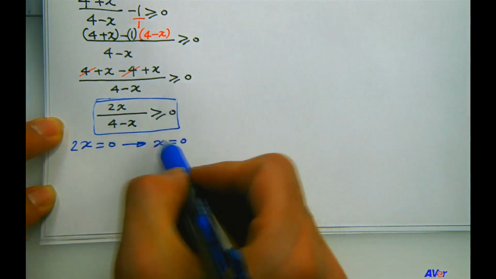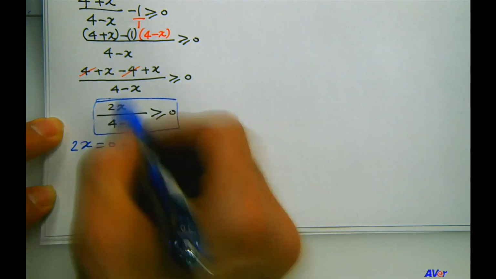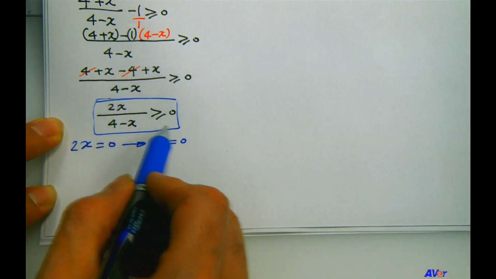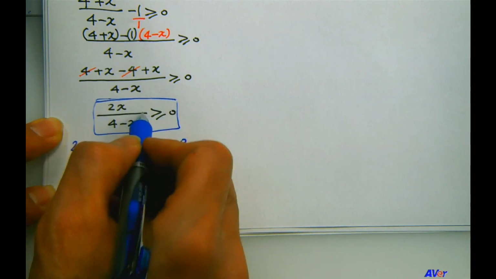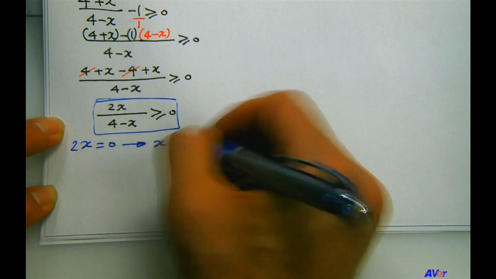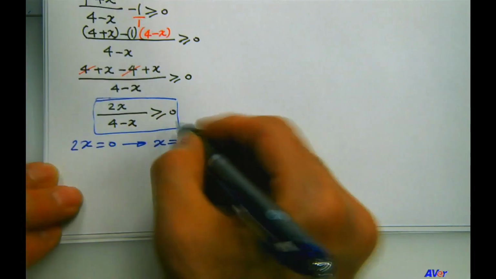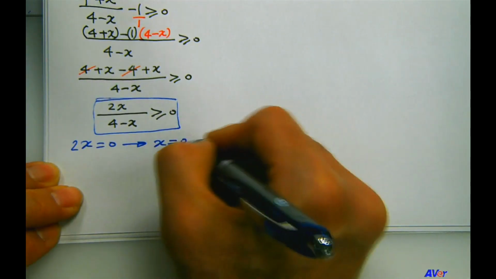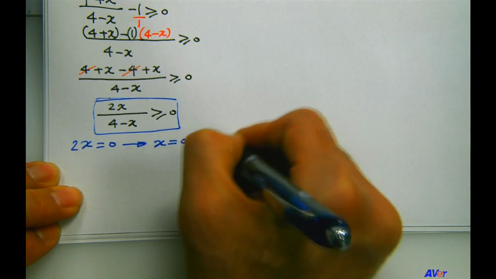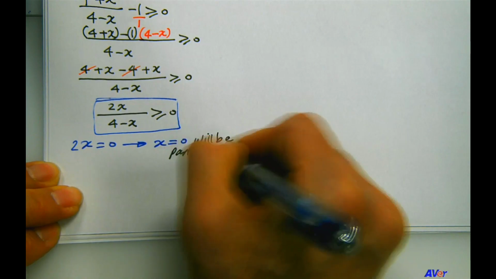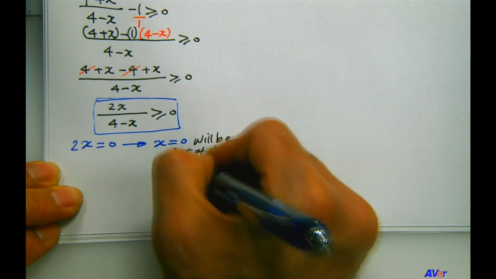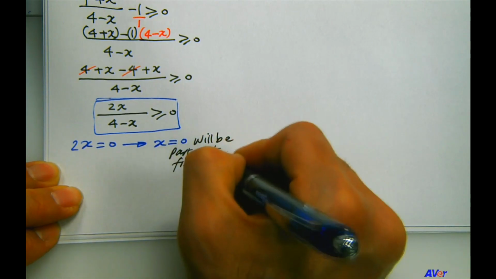So x equals 0 will make this fraction equal to 0, and it is allowed to be part of the final solution because of this equality. The left side can be equal to 0. So x equals 0 will be part of the final solution.